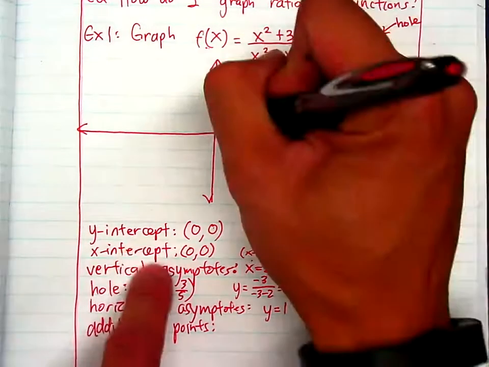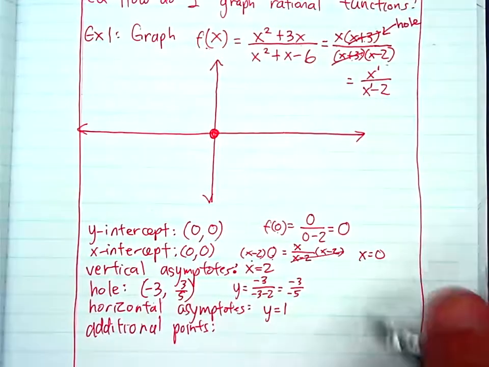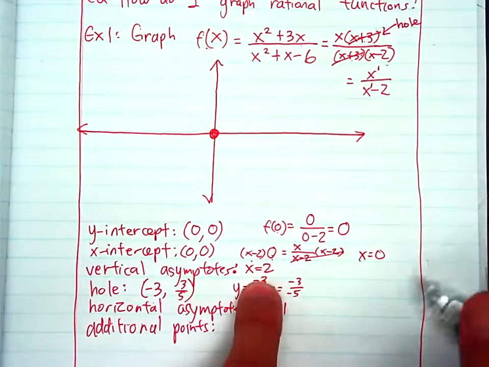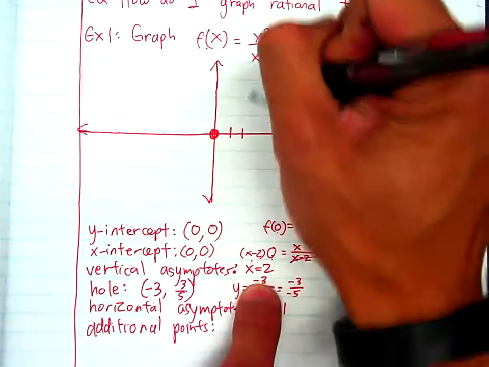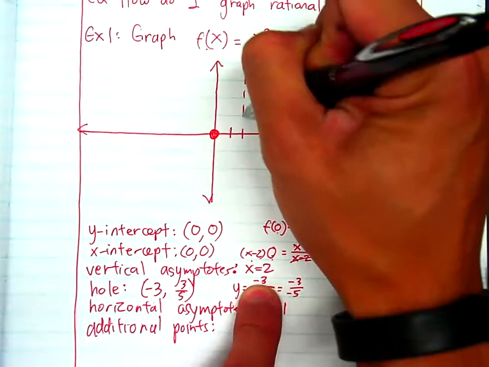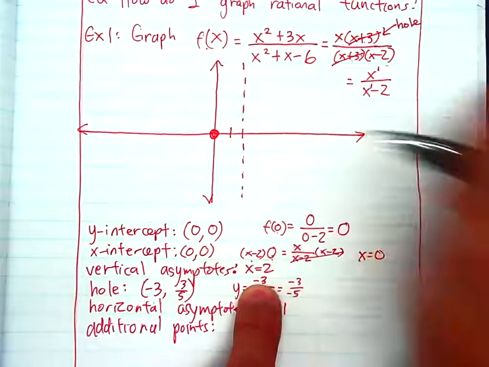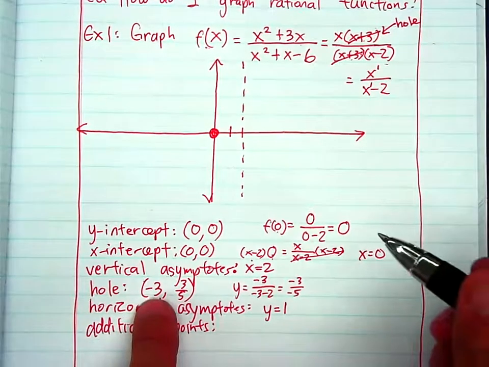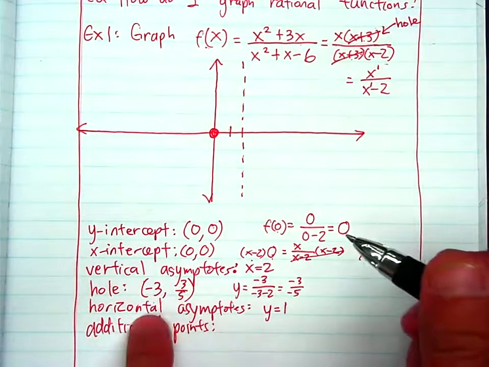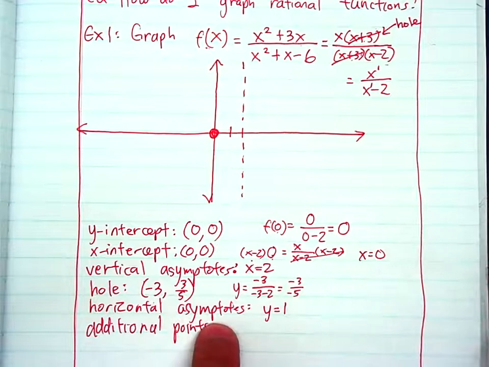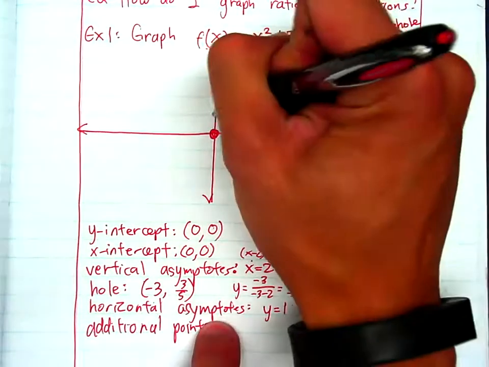So I have an x-intercept and a y-intercept of 0, 0. I have a vertical asymptote at x equals 2. I have a hole at negative 3. Well, let's do the horizontal asymptote first. The horizontal asymptote is at y equals 1.